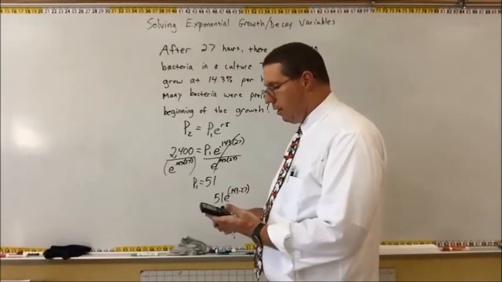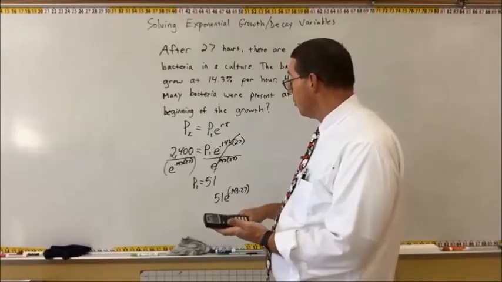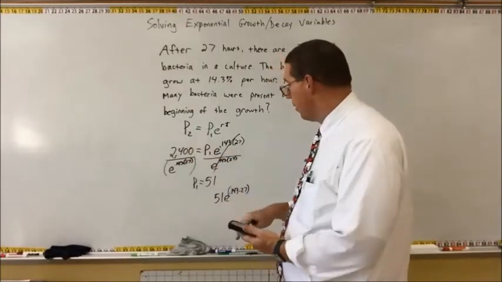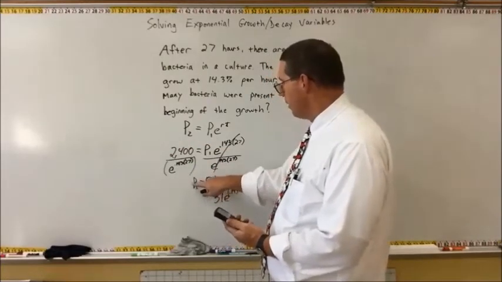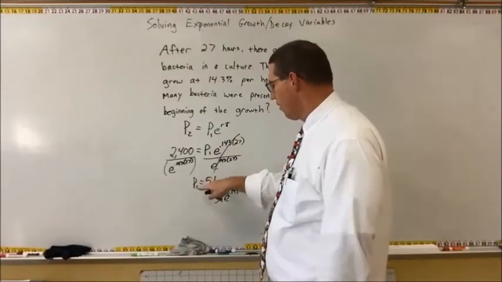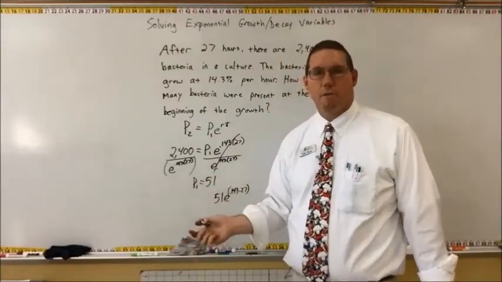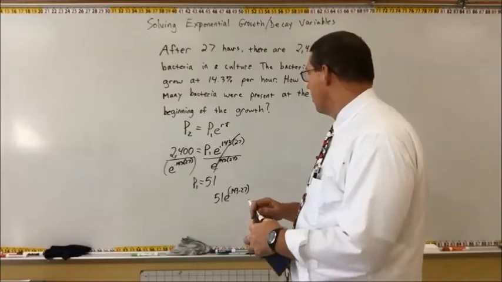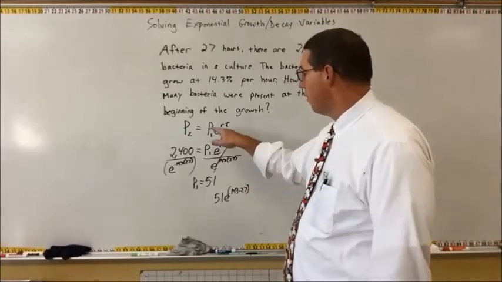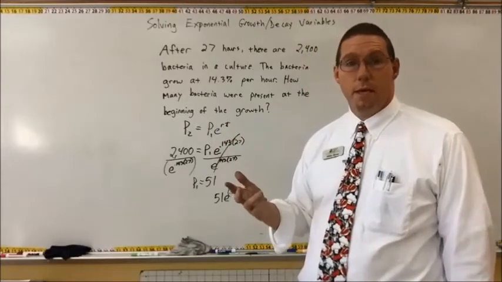Hit enter, and I get 2,423. So that's close to 2,400. That accounts for the fact that we actually got a starting value of 50.5, so it's a little bit different. So there we go. We just solved for the starting value of p.